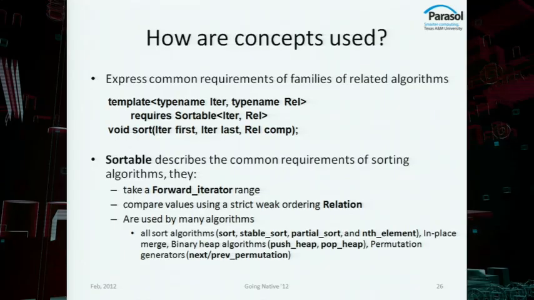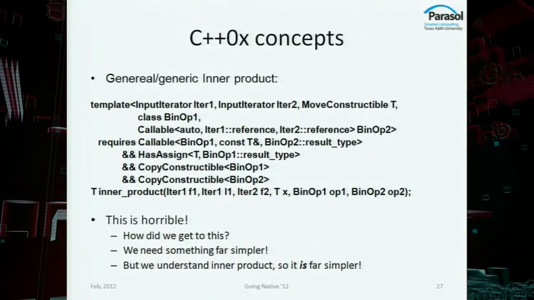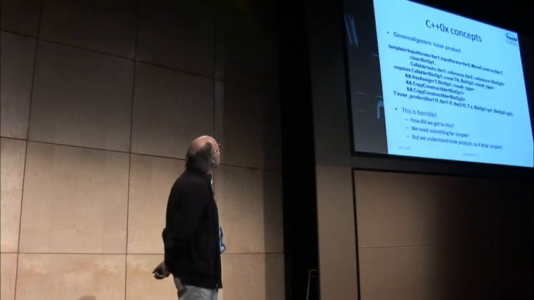So concepts are general, useful, generic. They're not singletons by and large. Now, we worked on this very intensely for about 5 years for C++0x. And this is something we came up with.